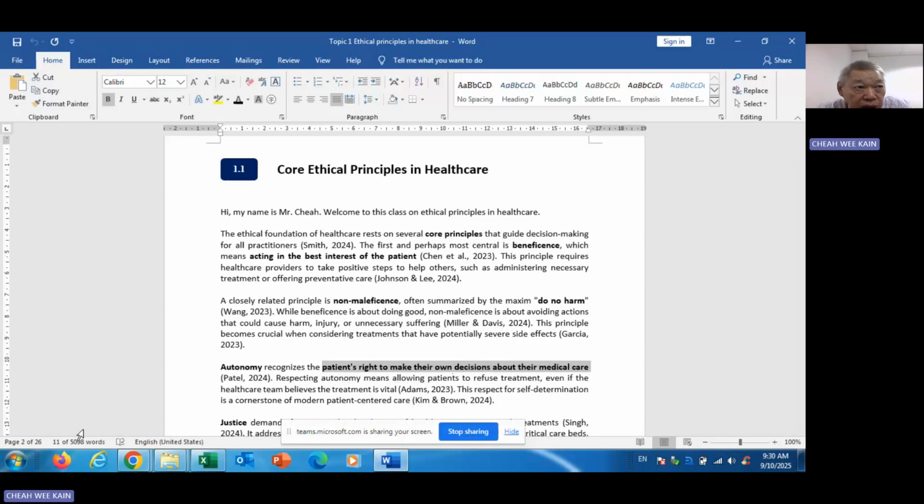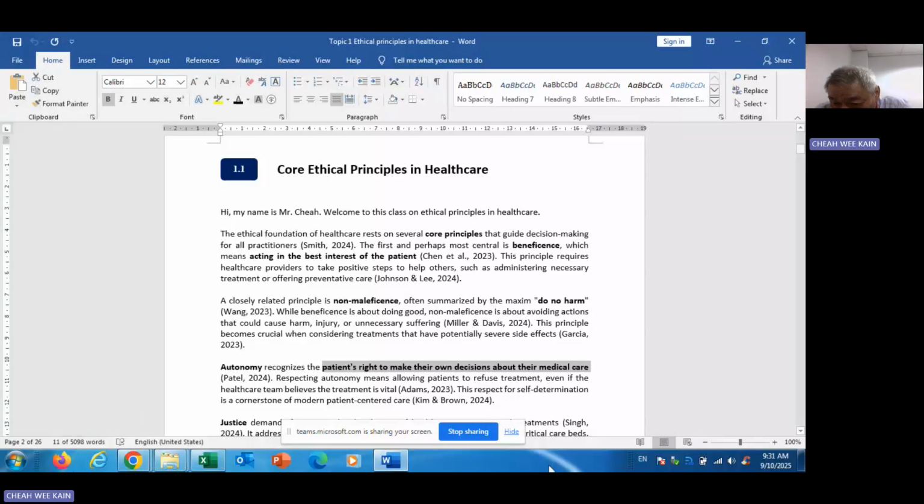So the best thing that we can do is to give unbiased, relevant, accurate, and timely information to the patient so that they can make a rational choice by their own standards.